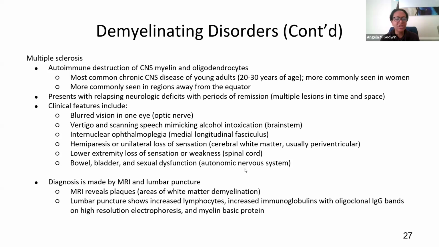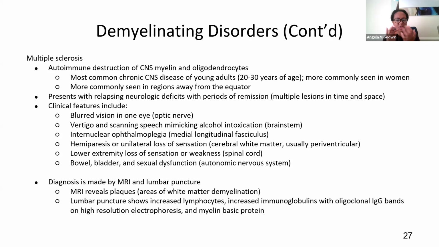The list here is just how it can present clinically. The term is on the left, and the area that's anatomically affected is in the parentheses. So if someone's having blurred vision in one eye, that's because the demyelination is affecting the optic nerve. If someone's experiencing vertigo, or scanning speech, which is like when someone has had alcohol and can't speak clearly, it's because of demyelination of the brain stem.